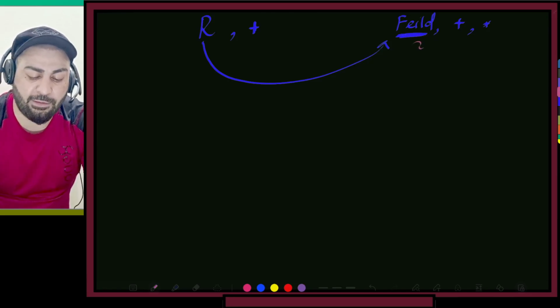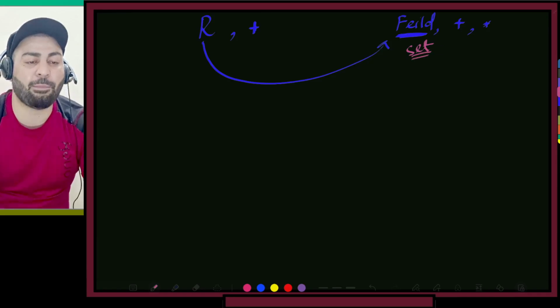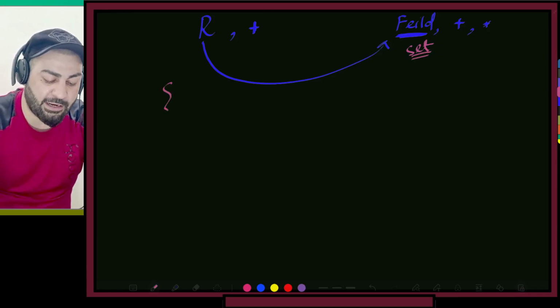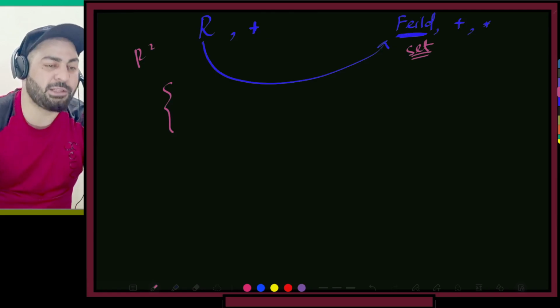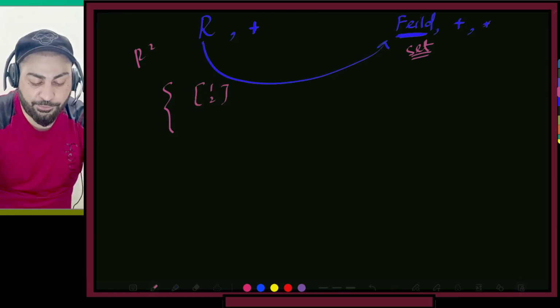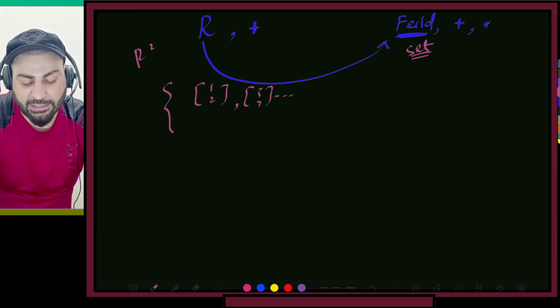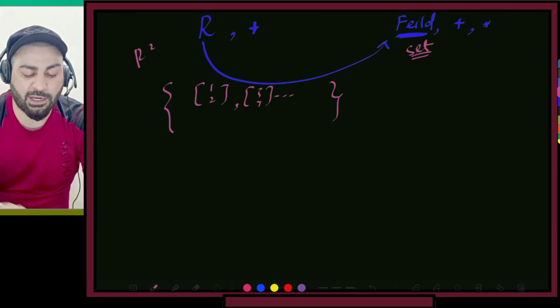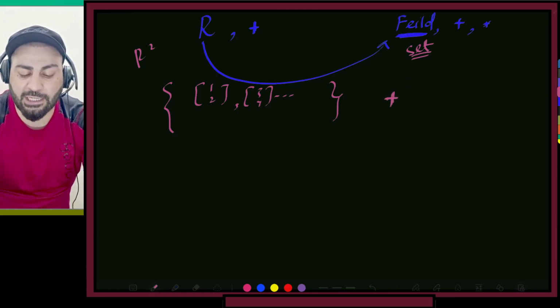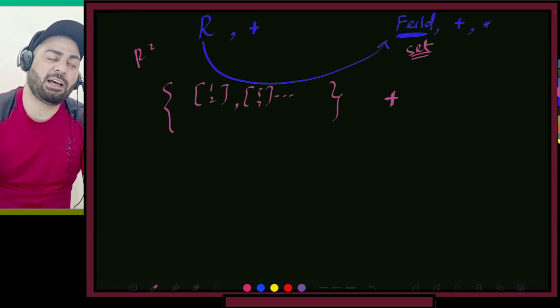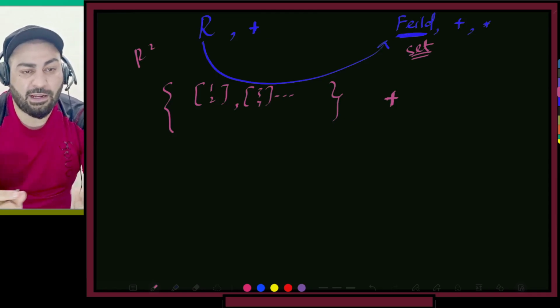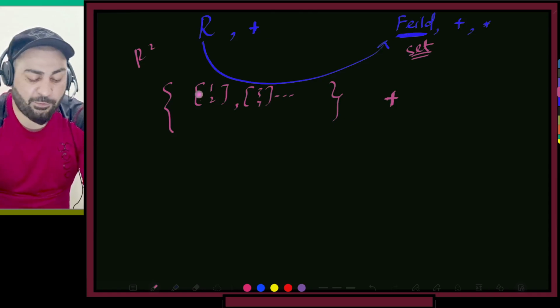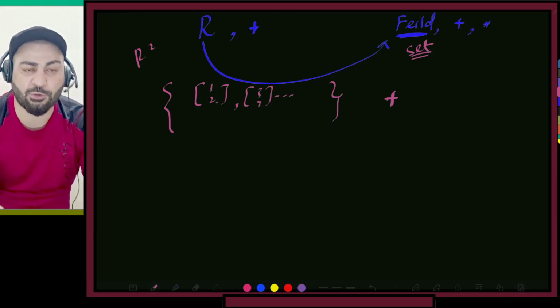This field will be some sort of set, a bunch of, let's suppose here, real numbers. If we are in R2, that means I have numbers like 1, 2, comma 3, 4, something like this. This will be an uncountably infinite set of numbers if I am working in R2. Then I define an addition operation on this. The definition is that I will have the addition element wise, so I'll perform this addition with this and this with this, so as to get the resultant vectors.